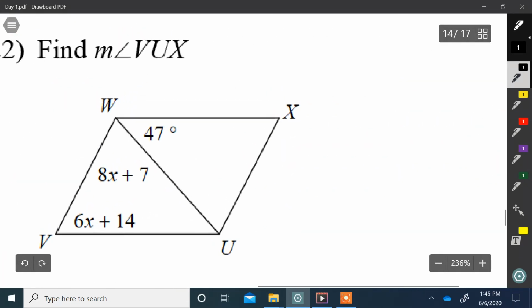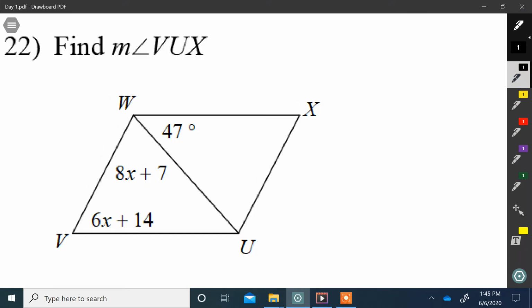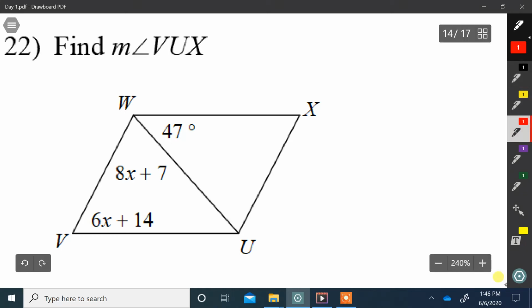Take a look at this one here. See if you can visualize it. They're asking us to find BUX. That's interesting. But in order for us to do that, we have to figure out what x is. We already know that this angle plus this right here, let's call this one angle red and angle purple, those two have to add up to 180 degrees.